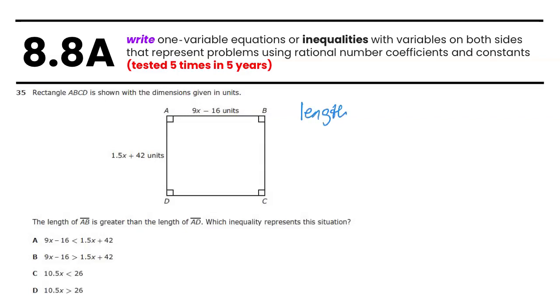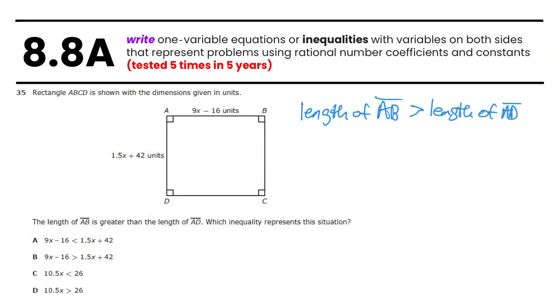For example, this is wanting the length of AB to be greater than the length of AD. Writing that down will help me to figure out what I need to substitute into this verbal description of the inequality so that I can have the correct answer.